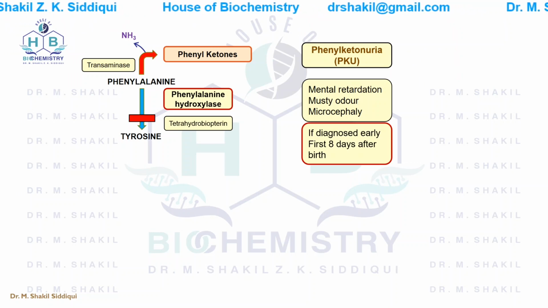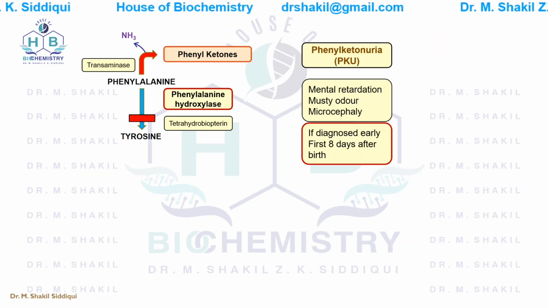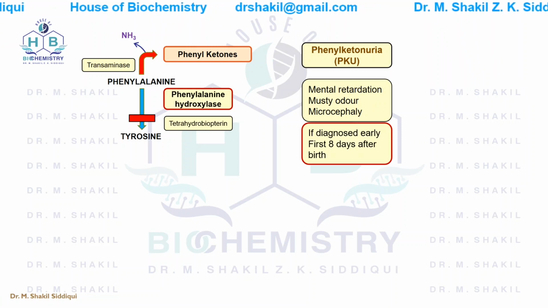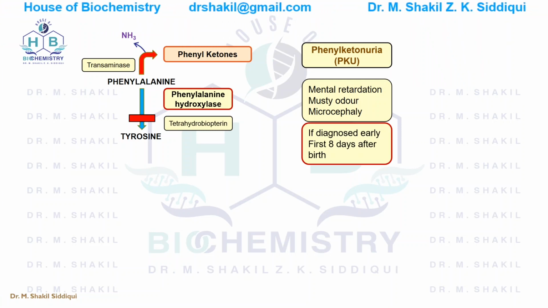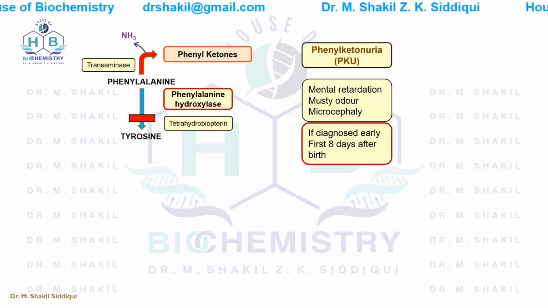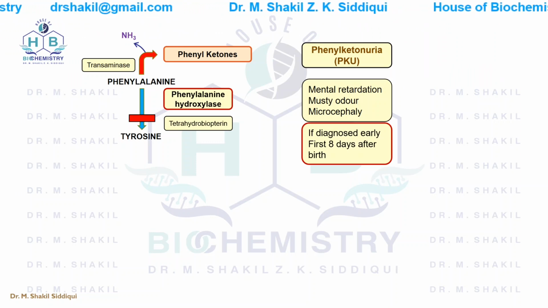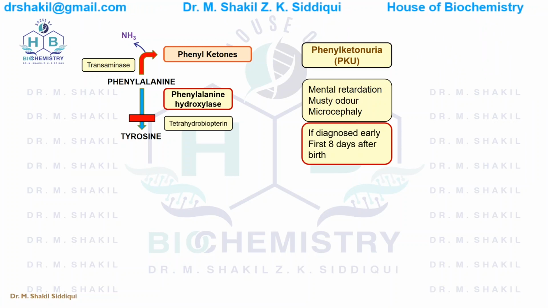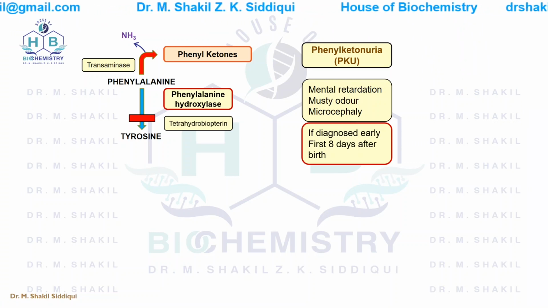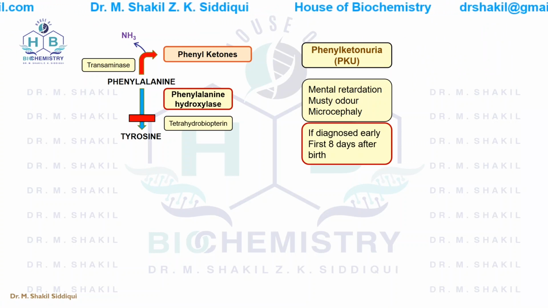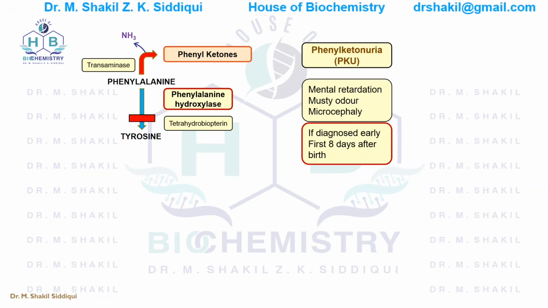After that, the patient may take a normal diet. But there is a special consideration for female children, because when they grow up and get pregnant, a special diet is advised in pregnancy that is also low in phenylalanine.